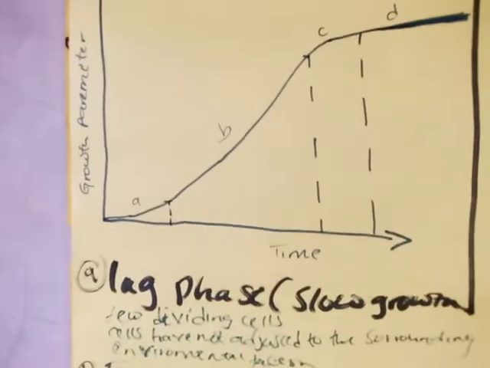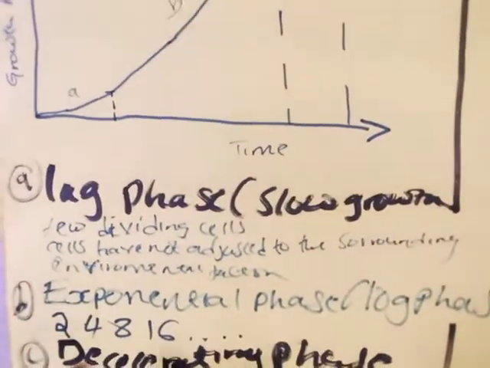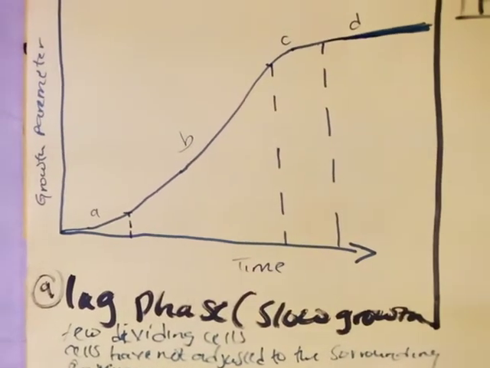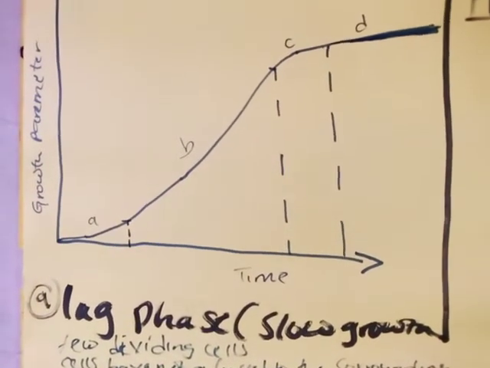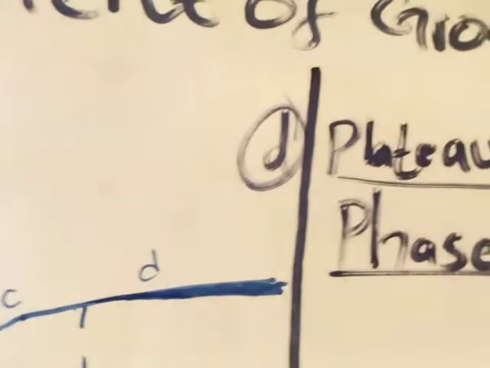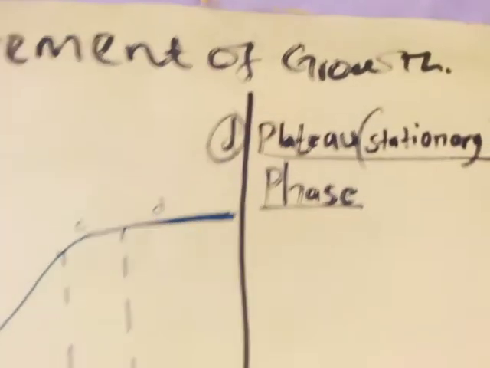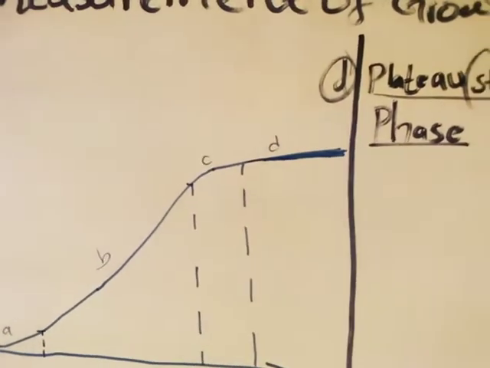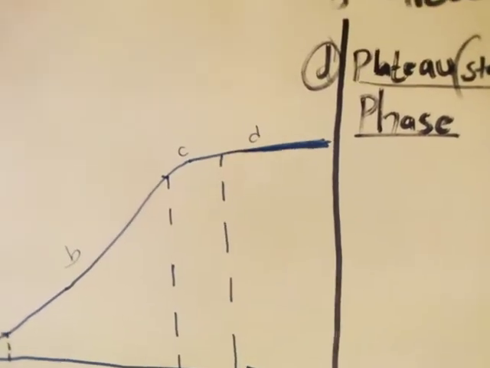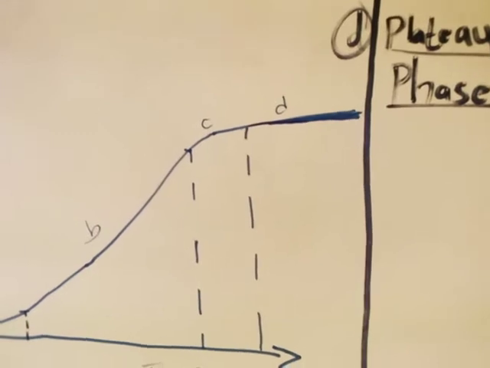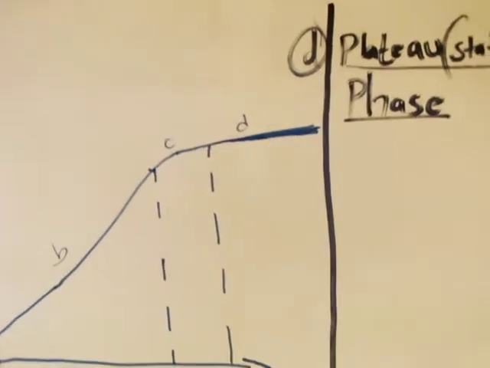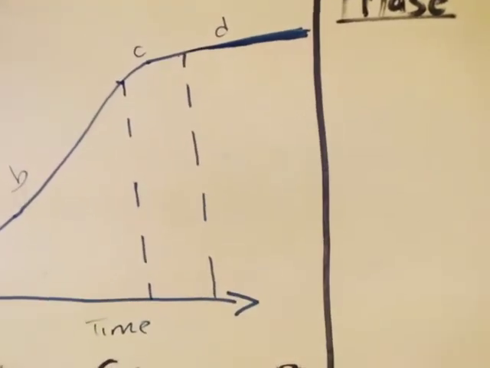Now, from what we have learned, you are in a position to note that in the lag phase we had slow growth rate, because of few dividing cells and other reasons. Then we move to the second phase, the log phase or exponential phase, where growth was rapid, proceeding exponentially. Then the third phase was the decelerating phase, where the growth of cells was limited because the cells which are dividing are few.